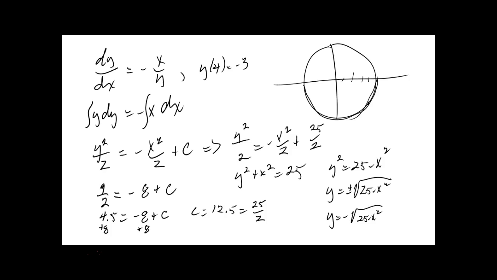There is a little blurb in the middle of page 49 that's talking about losing a solution. Some care should be exercised in separating variables, since the variable divisors could be 0 at some point. Specifically, if r is a zero of the function h of y, then substituting y equal r into dy dx makes both sides equal to 0. In other words, y equal to r is a constant solution of the differential equation. But after variables are separated, the left-hand side becomes dy over h of y equal to g of x dx.